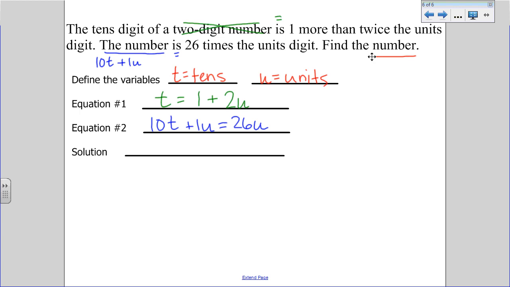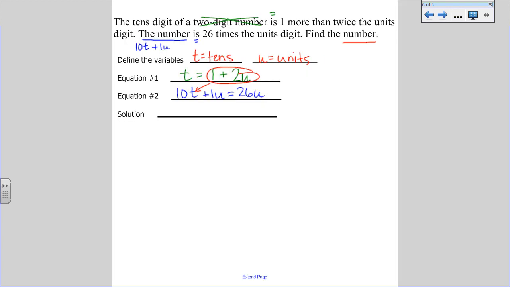We need to find the number, which means I need to solve the system to get t, u, and then put those together as a number. So as I pointed out earlier, this is set up for substitution. It's t equals, so I'm going to plug this in for t. So I'm using that 10 because the tens digit is worth 10.